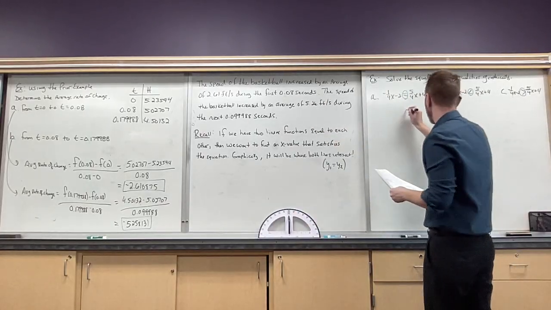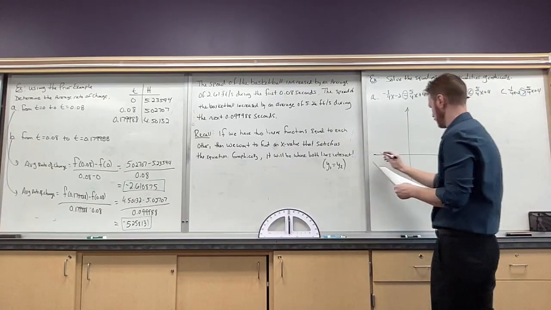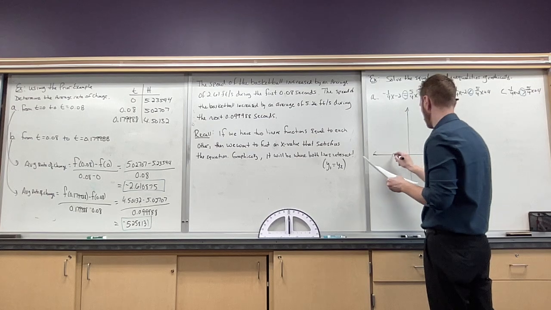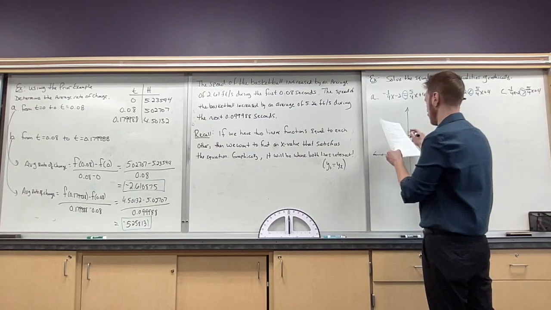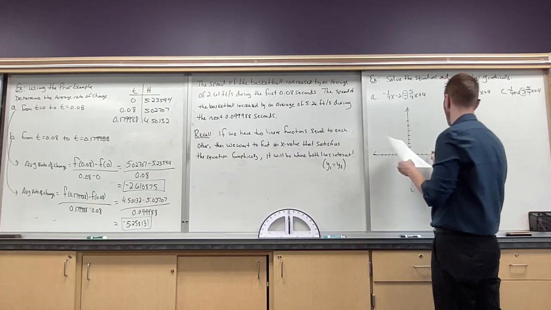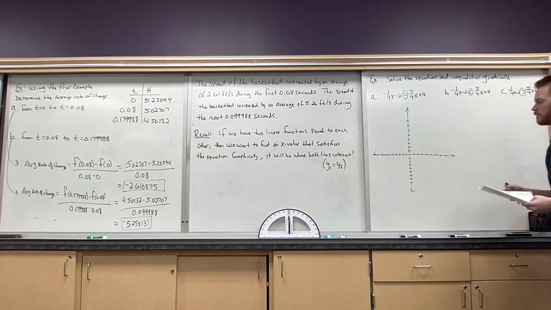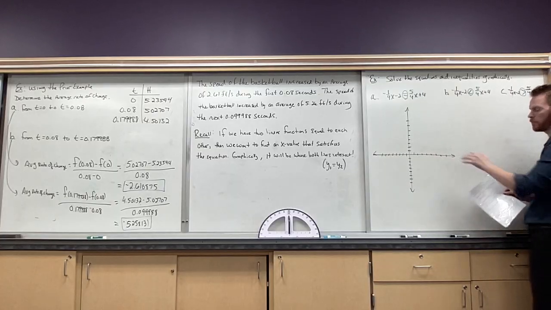Okay, so here's the graph that we're looking at. Just so you guys get a gist of it, I'm doing 8 grid lines. Okay, so I counted everything to 8 there.